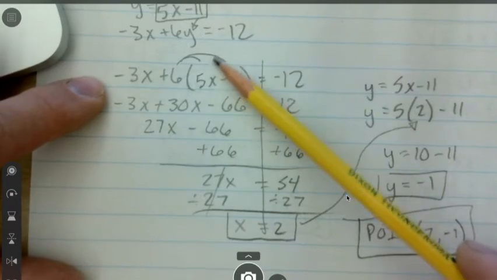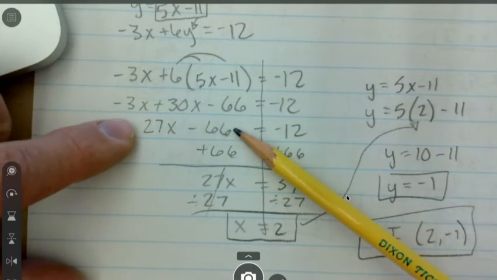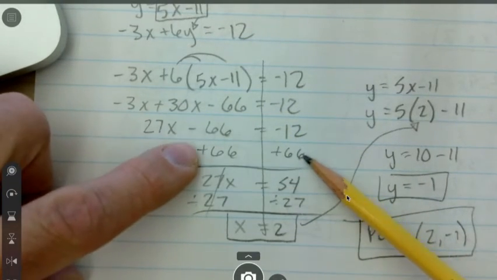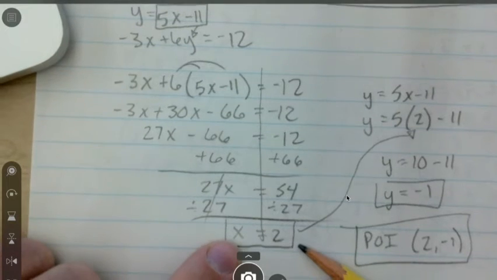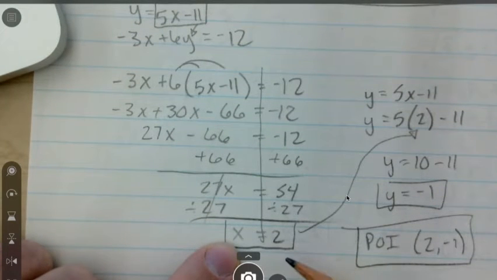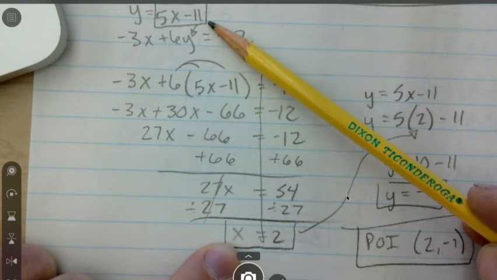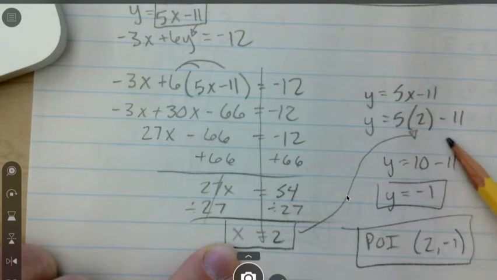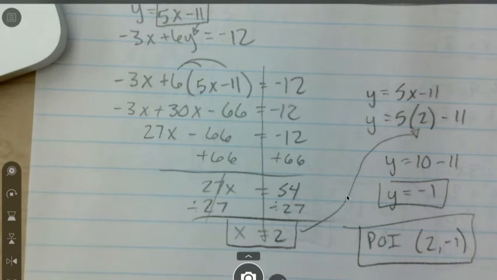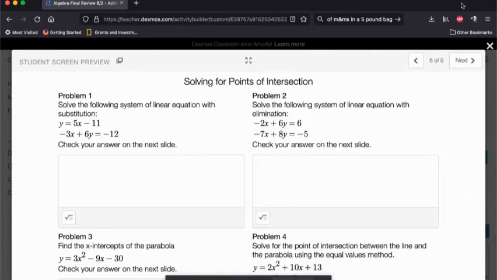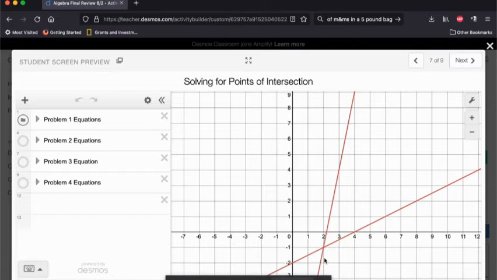And then we distributed our 6, we combined like terms, and then we added to both sides and divided to end up with x equals 2. And now that we know x is equal to 2, we plugged into our simpler equation and said, oh, when all is said and done, it comes out to y equals -1. So the point of intersection must be at 2, -1. And when the problem says check your graph, you can see, sure enough, that those two lines intersect at 2, -1.